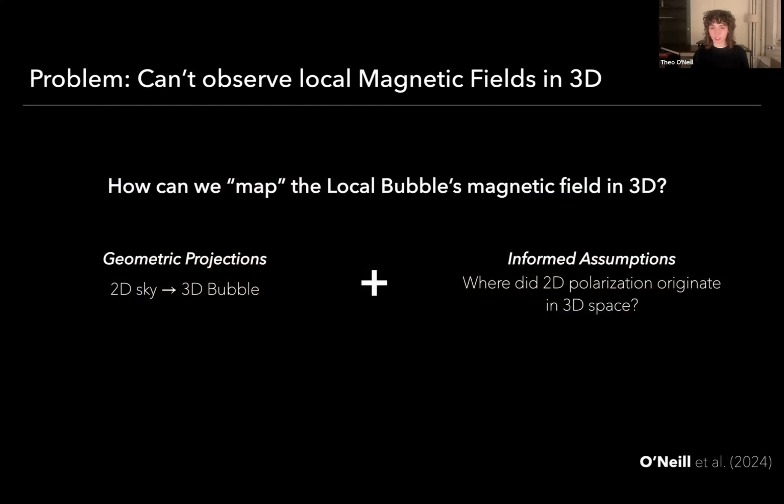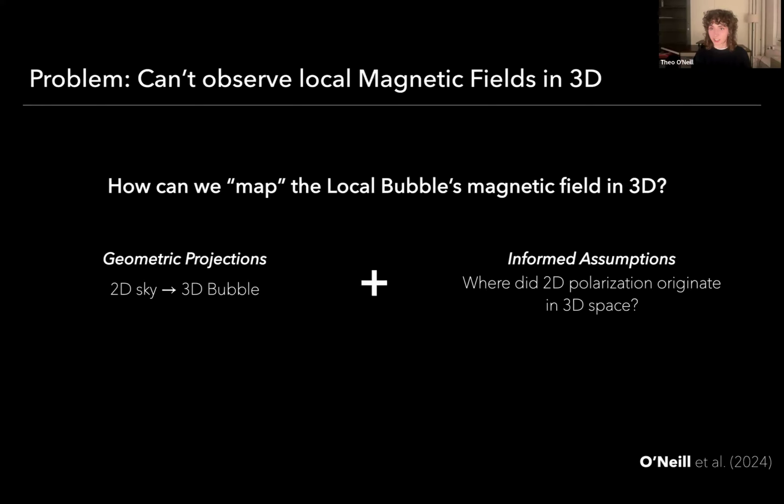And so what we're able to do is combine a series of basically assumptions about how our 2D sky relates to our 3D local bubble and where our observed 2D magnetic fields, or polarization measurements, for those more technically minded, are actually originating in 3D space.